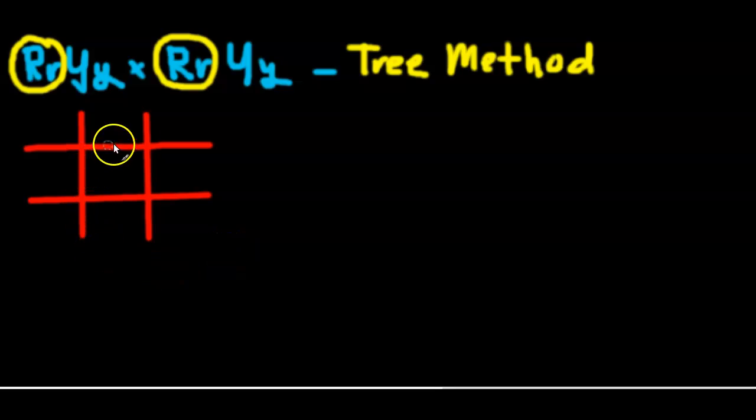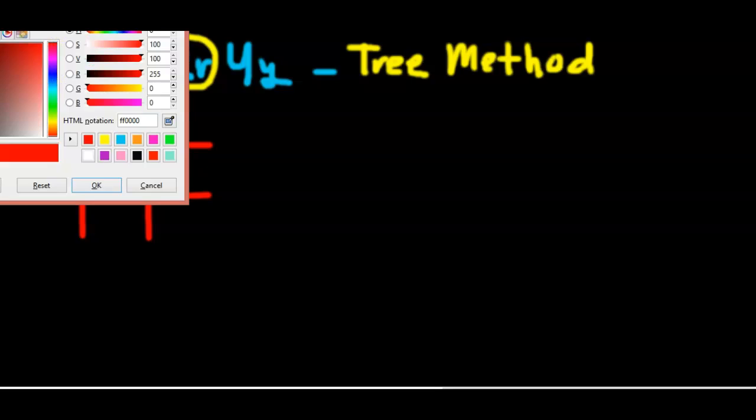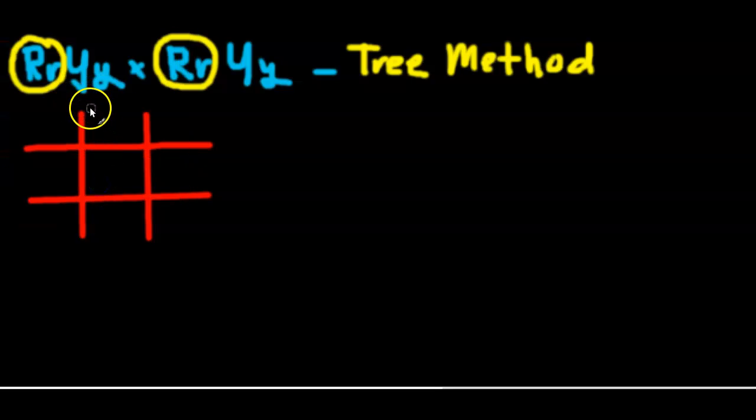That's what we're going to do. So we don't need the tree method. So look, this is big R, little r. So big R, little r, this one, big R, little r, fill out our Punnett square.